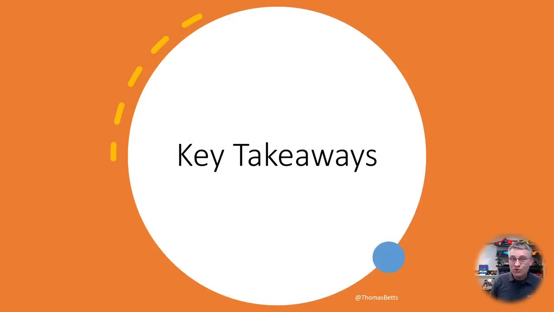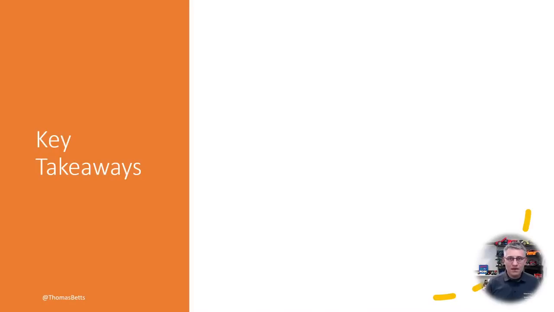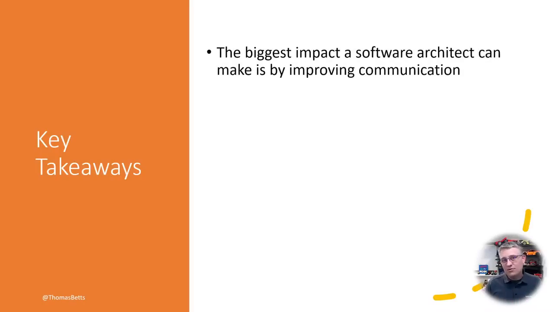So that's the book review part of the talk. Wrapping up, I want to revisit what we've covered today, aligning with those 4 characteristics of great architects. Because every software problem is really a communication problem, the biggest impact a software architect can make is by improving communication. Know your audience and find new and effective ways to communicate with them.